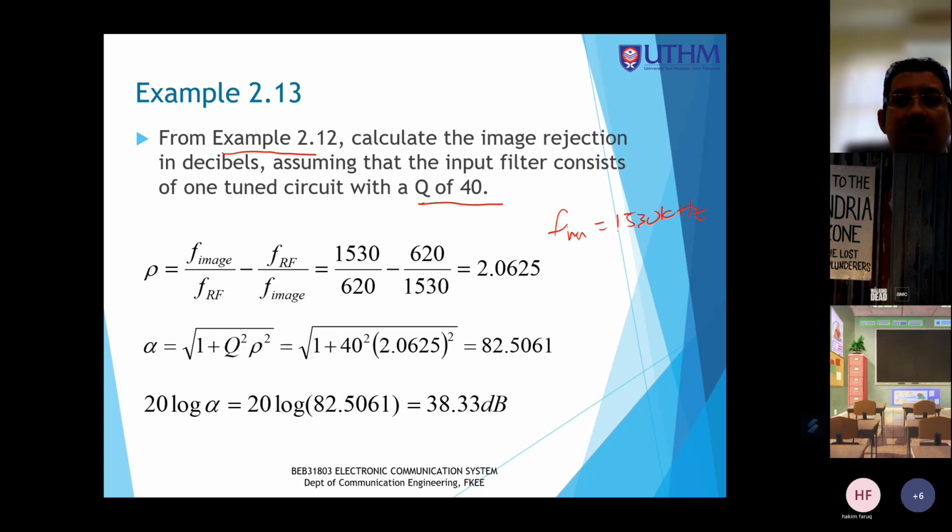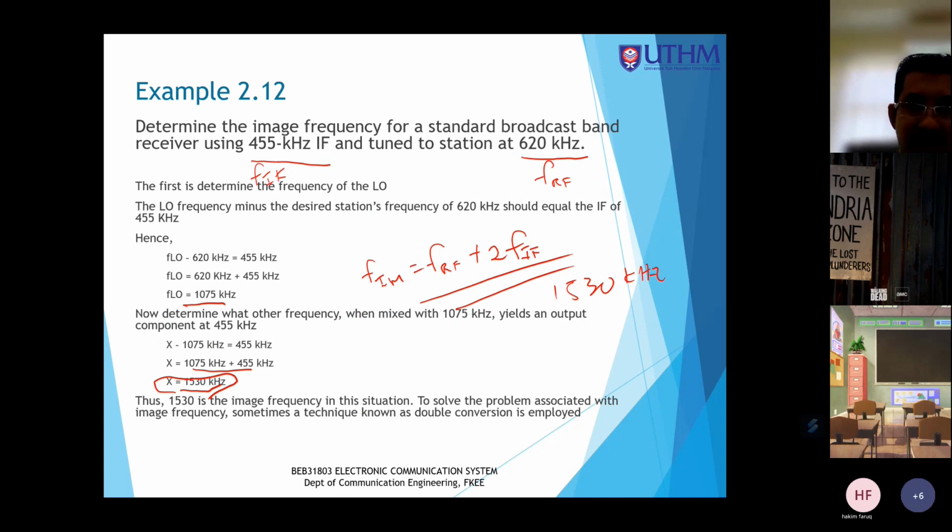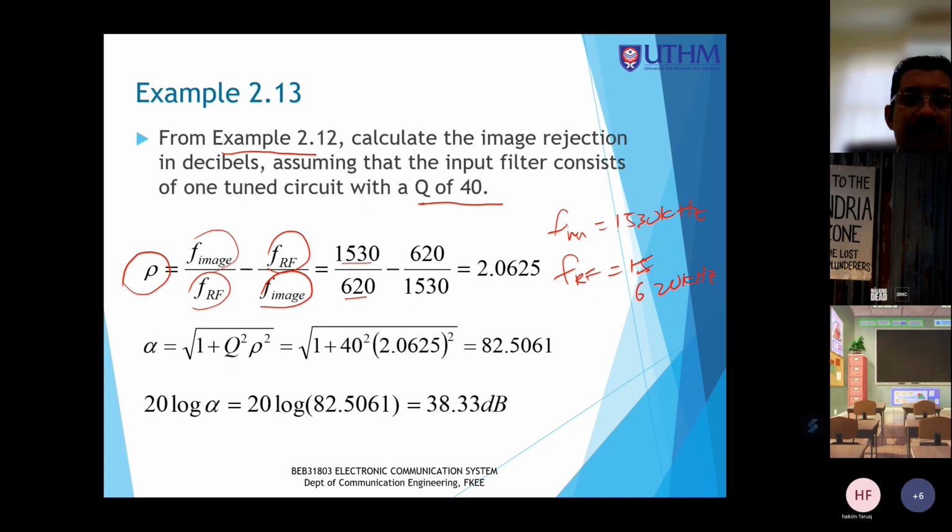When we want to find the rejection ratio, we first need the rho parameter: F image over FRF minus FRF over F image. Divide 1530 by FRF, which from the previous question is 620 kHz. You will get 2.0625, no unit, it is a unitless parameter.